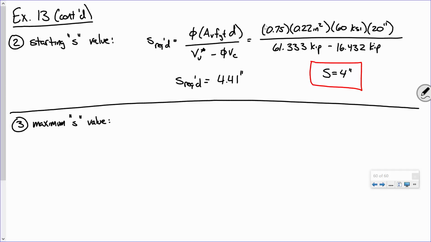So remember, we've got two ranges for S max. We've got S max 1, which is the minimum of D over 2, or 24 inches. Which is going to be what? 10 inches.